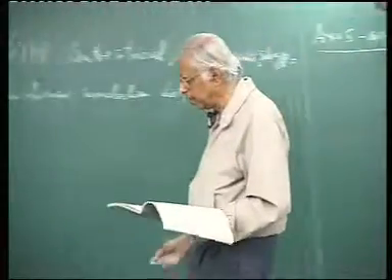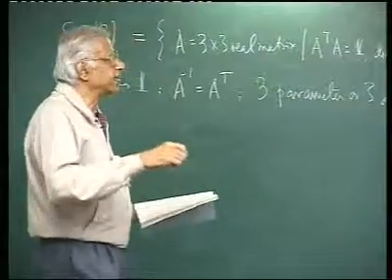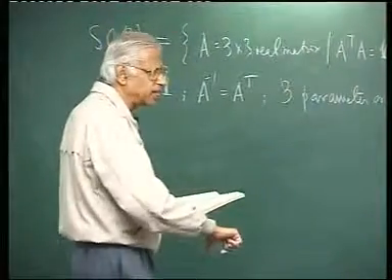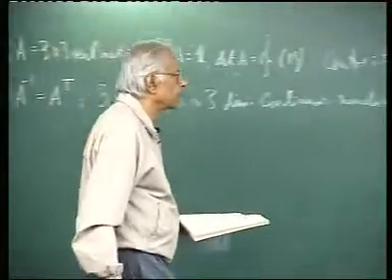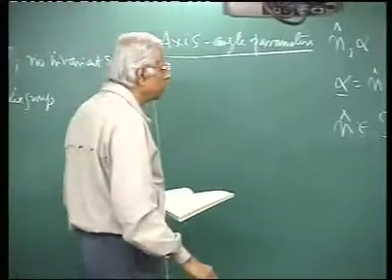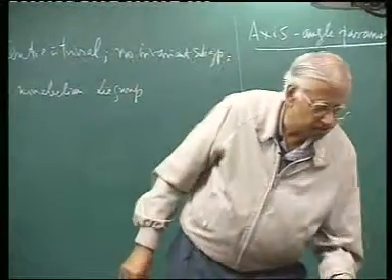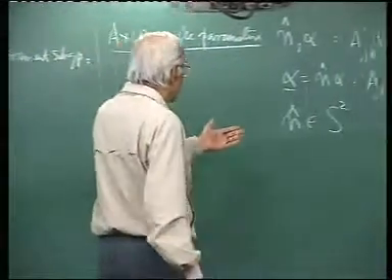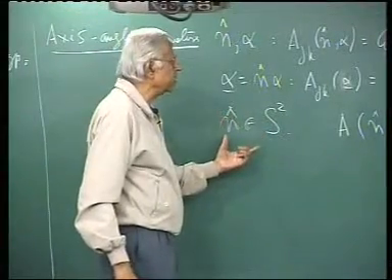A rotation by amount alpha around n is geometrically the same as a rotation about the opposite axis by the amount 2 pi minus alpha. Therefore, if I allow all possible choices of axis, all points on the sphere S2, what range should I take for alpha?